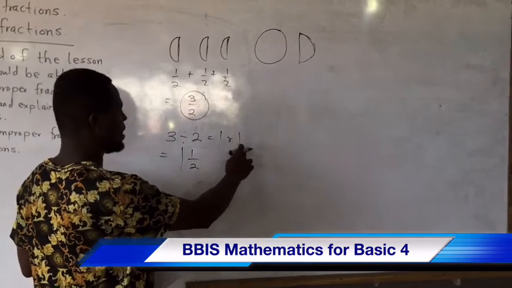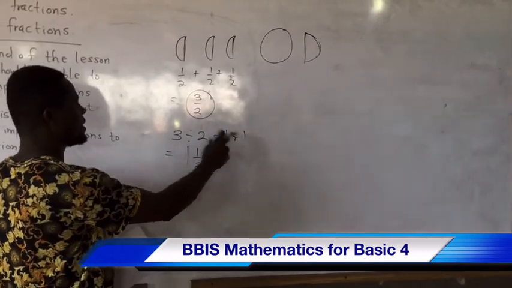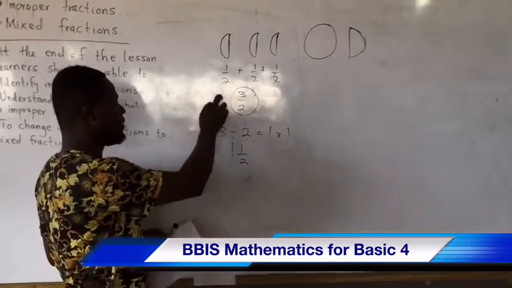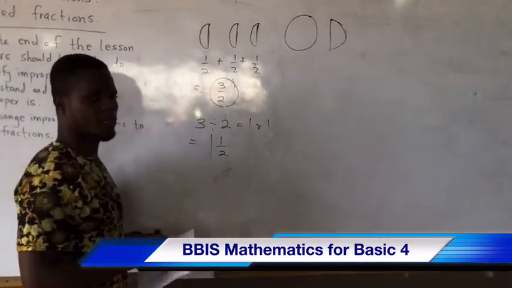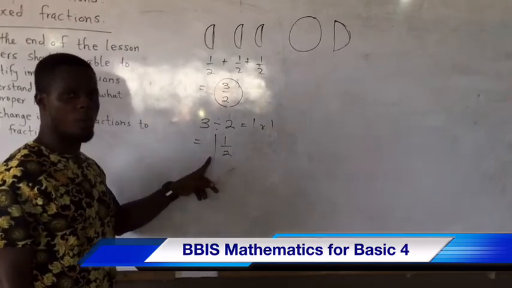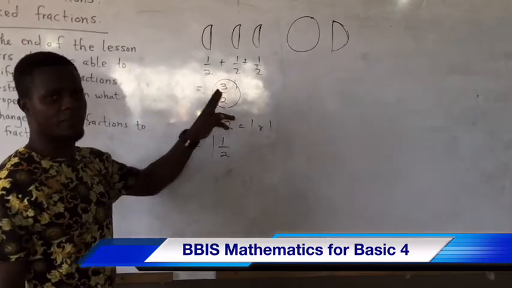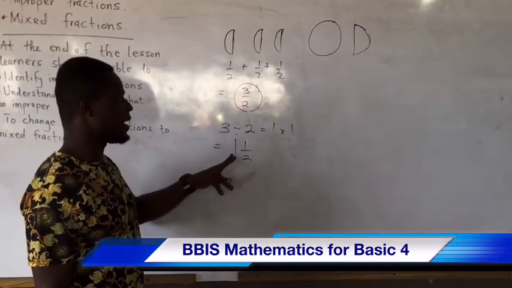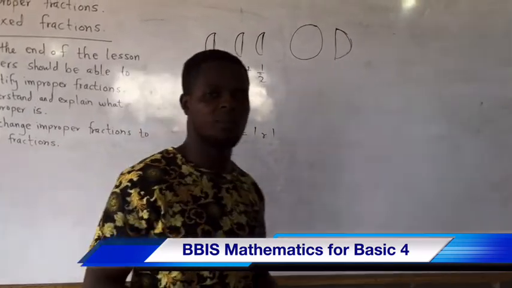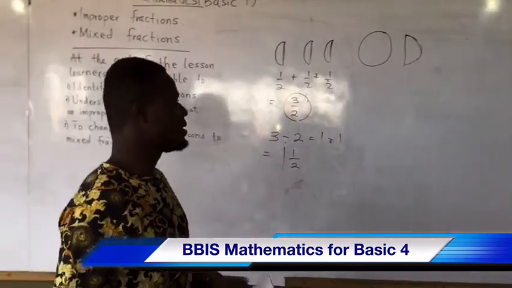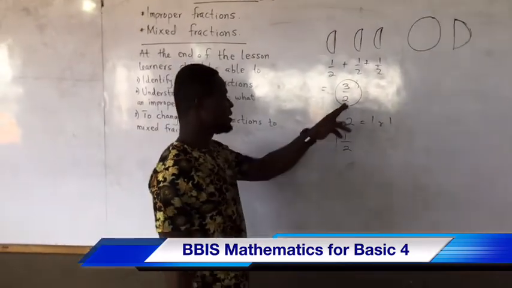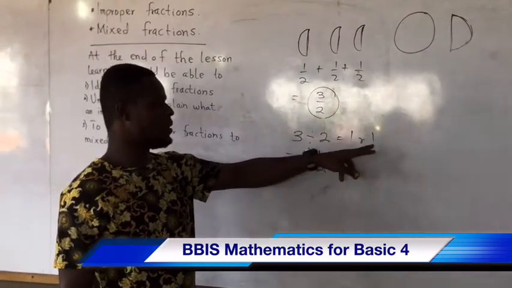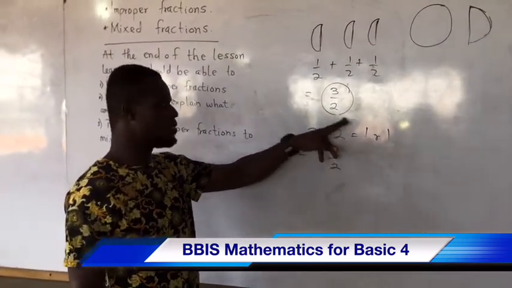That is, we divide the remainder by the denominator, which is 2. So 3 divided by 2 means that we are going to get a whole pizza and then a fraction. To change an improper fraction to a mixed fraction, you divide the numerator by the denominator, and then you divide the remainder by the denominator.